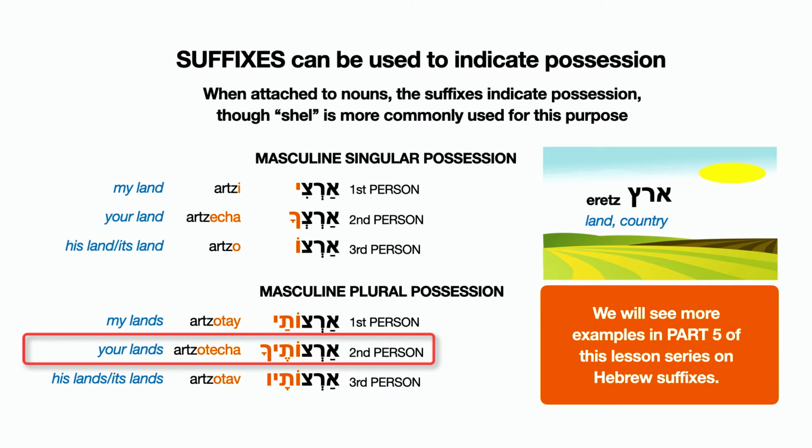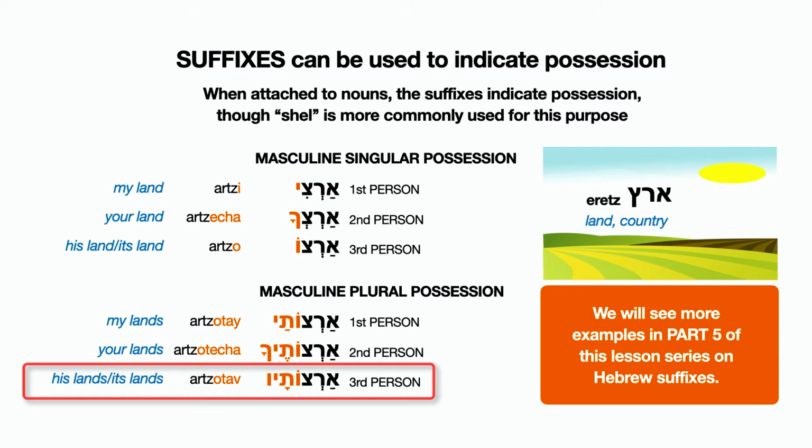Otecha is the suffix. And if I want to say his lands or its lands, talking about a third person, but the noun being possessed is plural, artsotav, talking about several lands, not just one land.